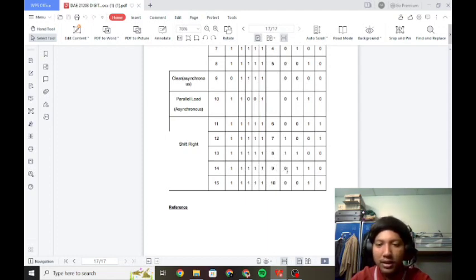Clock pulse 9, output A will be 0, B will be 1, C will be 1, D will be 0. And lastly, line 15, clear 1, inputs A 1, B 1, C 1, D 1. At clock pulse 10, output will be 0 at A, 0 at B, 1 at C, and 1 at D.